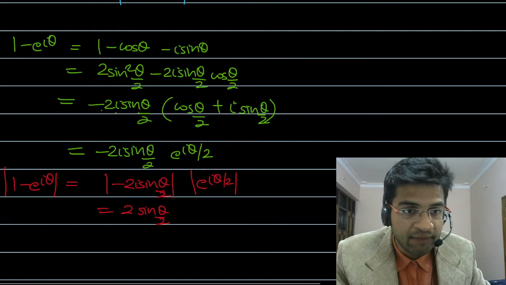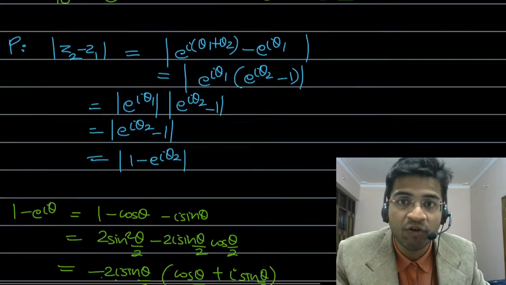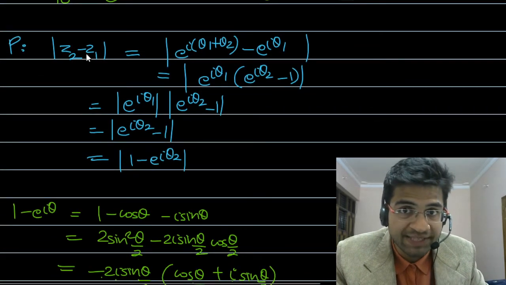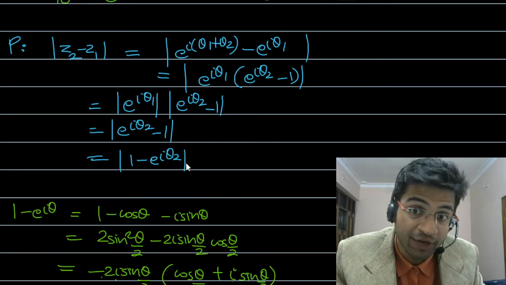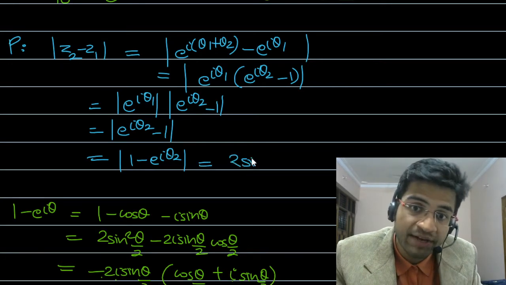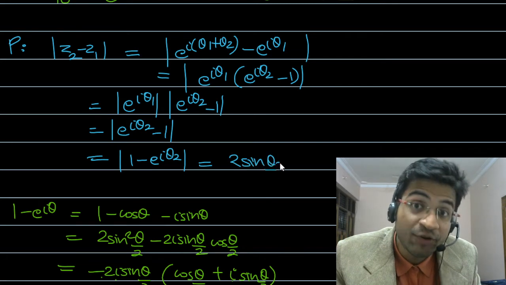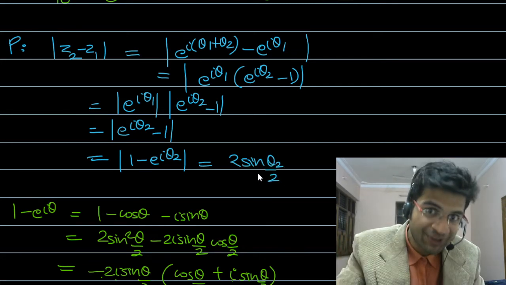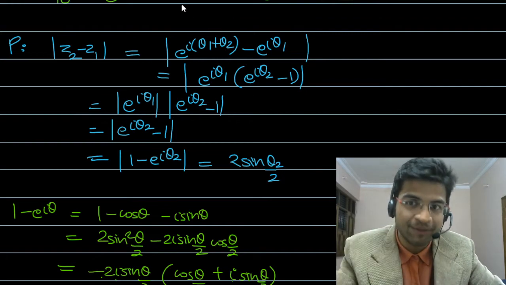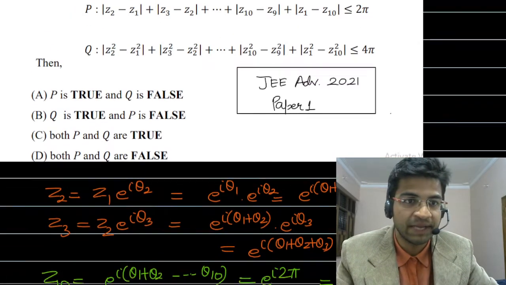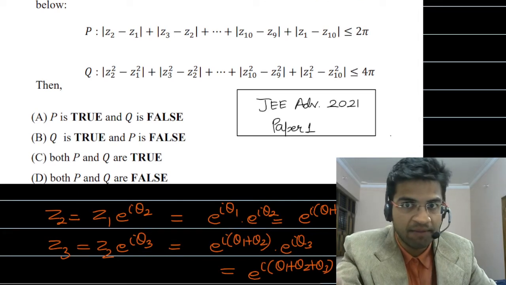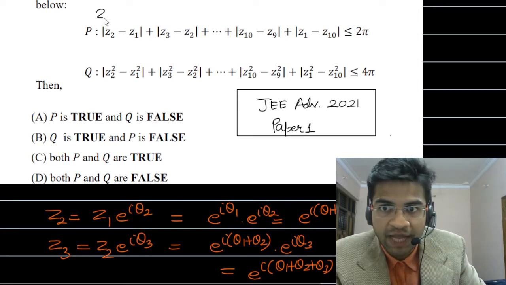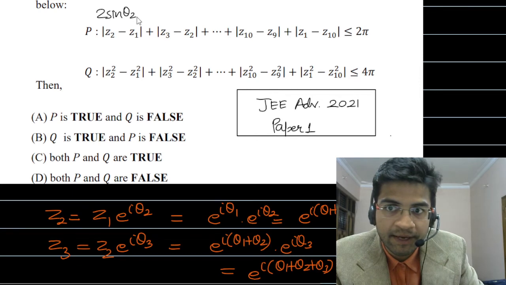Just understand, the first part of P statement, mod of Z2 minus Z1, is nothing but mod of 1 minus e to the power iota theta 2, which will be 2 sine theta 2 by 2. And going by this logic, all the terms of this expression of statement P, first term is 2 sine theta 2 by 2.